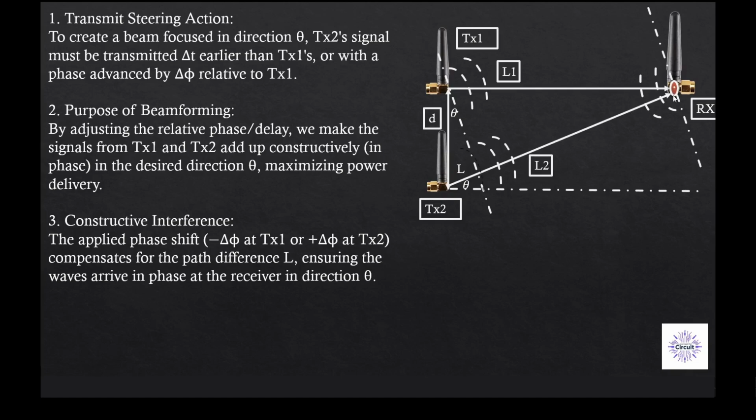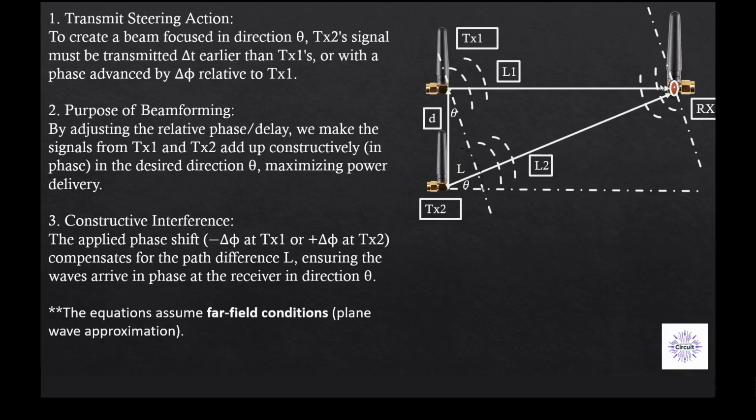Assuming that we have far-field conditions, we have these planar waves here, and you can see that the signal from TX2 has to travel a further distance compared to TX1 to reach RX.